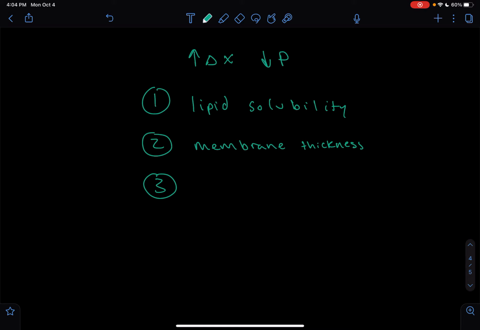If the particle is smaller, then it's going to be able to move farther. That's the rule with diffusion. So let's say I have something that isn't very lipid soluble, but it's a smaller size, then I'm going to have an increased permeability. It's going to be more likely to be able to get through my cell membrane.